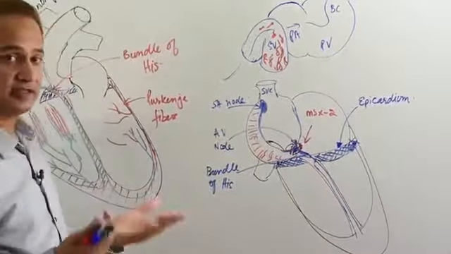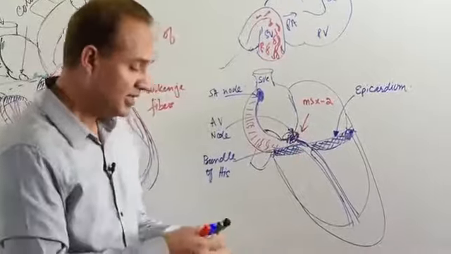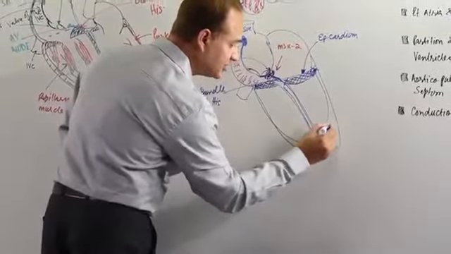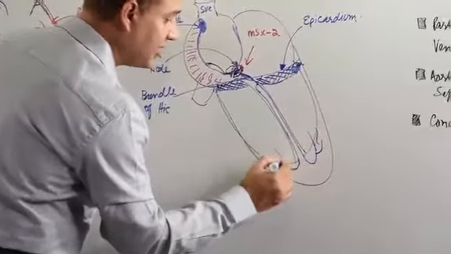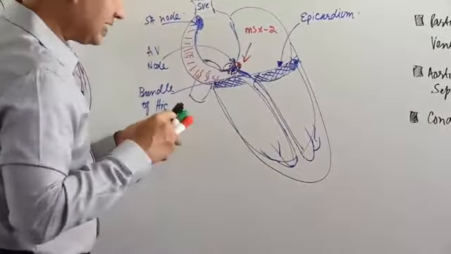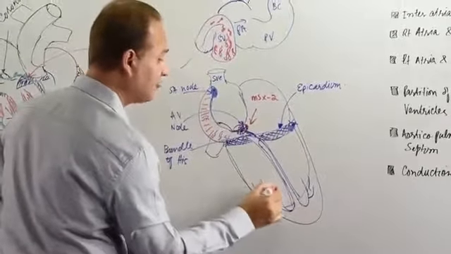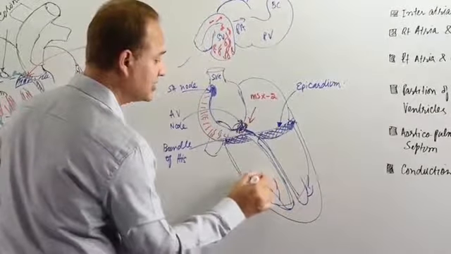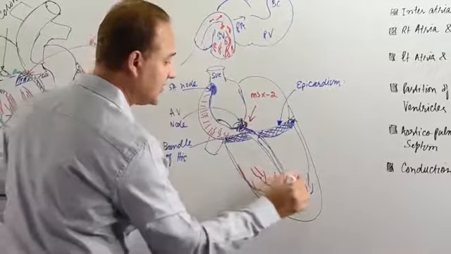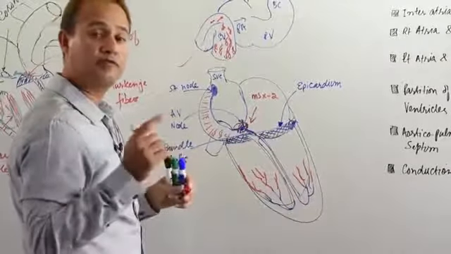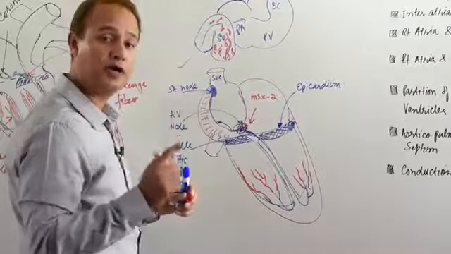And the final thing, the last part of this topic, when the bundle of His system reaches the ventricles, the rest of the fibers, the Purkinje fibers, which are electrical fibers, I'm making them separate here in red color, are actually modified myocardial cells.